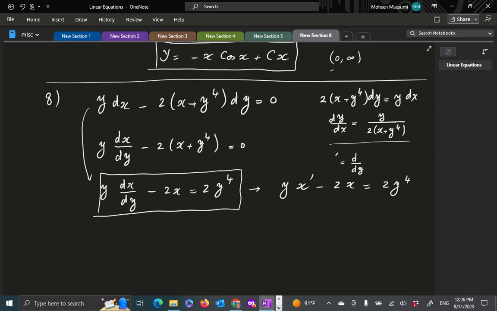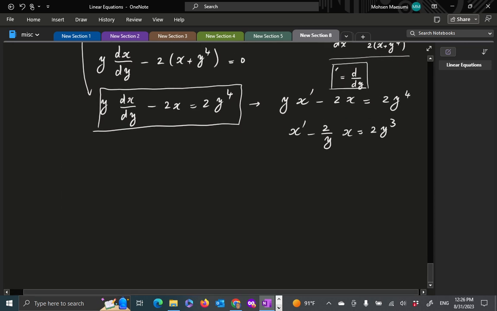We just changed the traditional roles of x and y, and we are using the derivative with respect to y as our basis. Okay, but the procedure is exactly the same as before. I standardize it, so it's going to look like x prime minus 2 over y x is equal to 2y cubed.